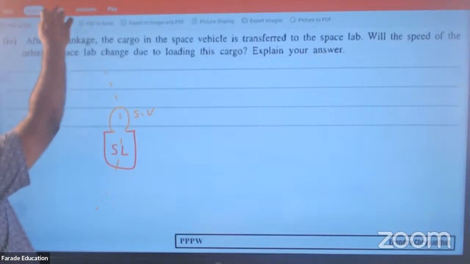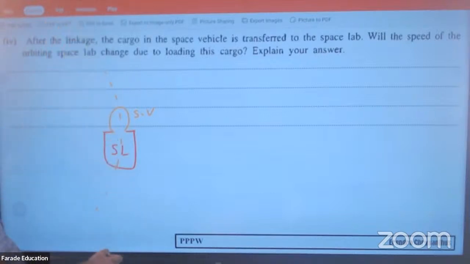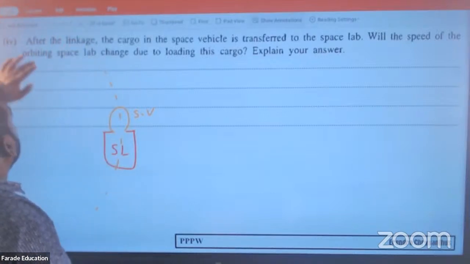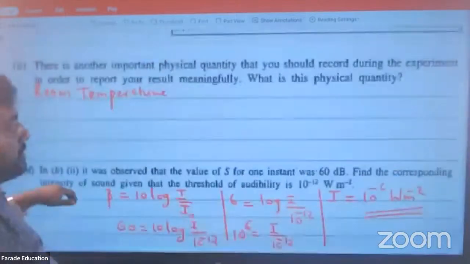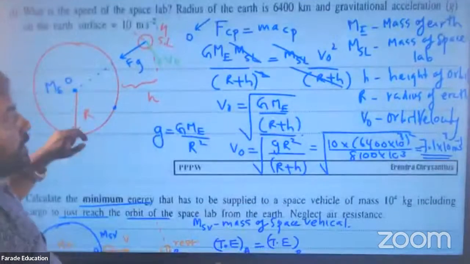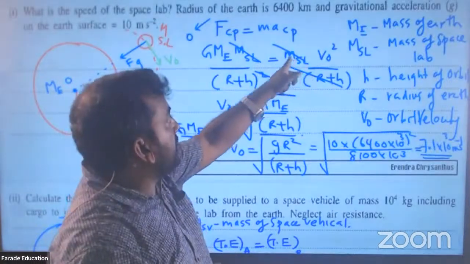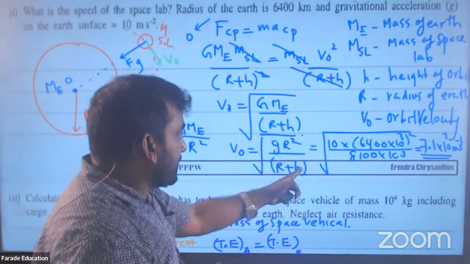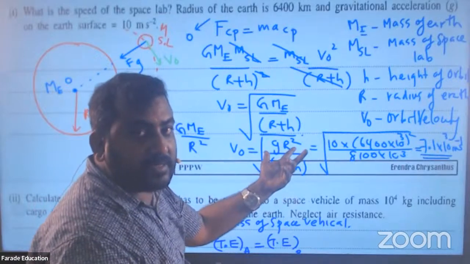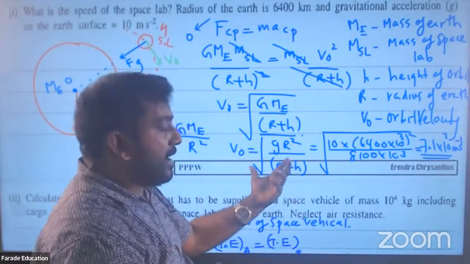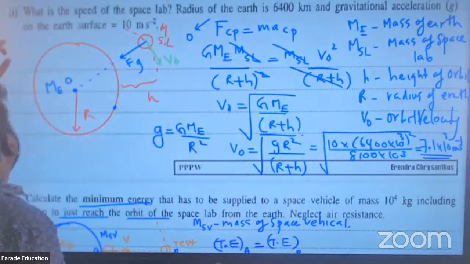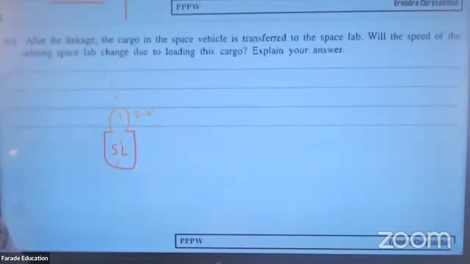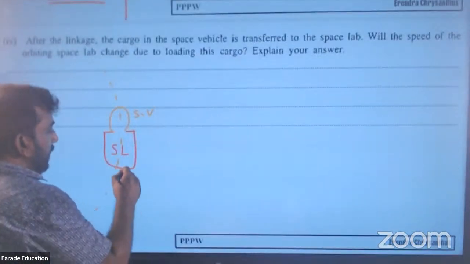Will the velocity of orbit change? Go back to look. You can see mass of the space lab is cancelled out. Velocity at the end does not have any mass. So even if the space vehicle connects with it, velocity won't change.